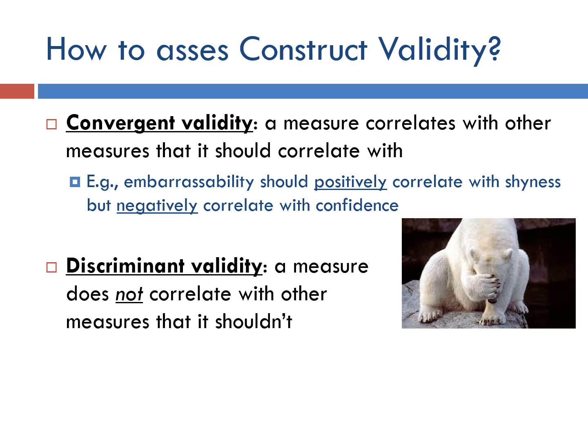These are measures of different constructs, but constructs that we have a theoretical reason to expect to be related to our construct. Shyness and confidence have a theoretical relationship to embarrassment that we expect to see in our measures. Now, this assumes that your shyness and confidence measures are valid and reliable, so you need these other measures to be good measures, and then you can test your convergent validity.